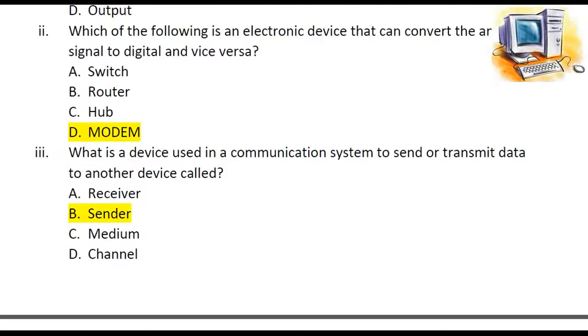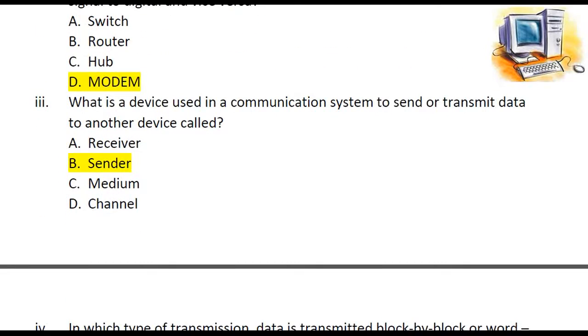Third MCQ says: what is a device used in a communication system to send or transmit data to another device called? Sender, of course. There are some basic components of a communication system that we discussed in this unit. Out of those, sender is also a component, and those 5 basic components are sender, receiver, transmission medium, message, and protocol.